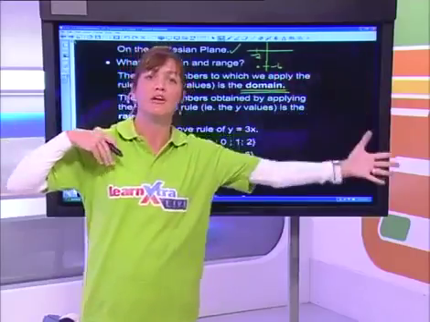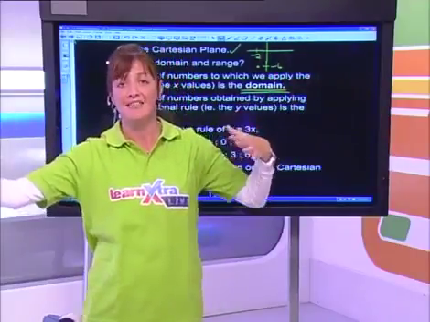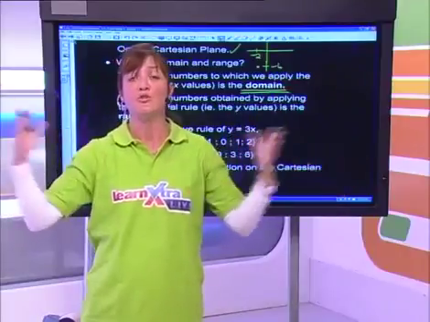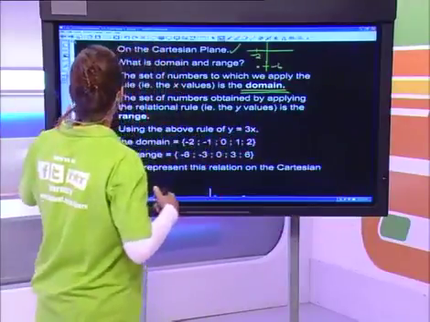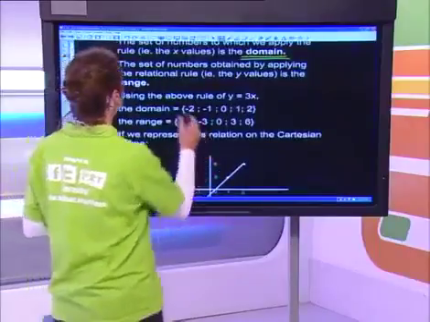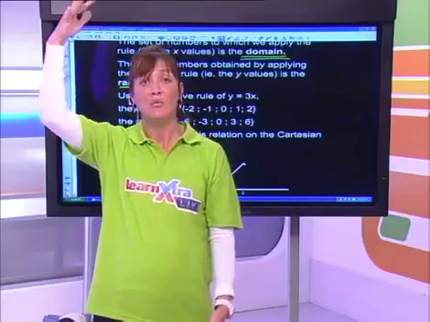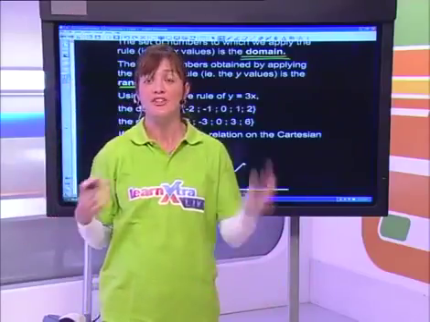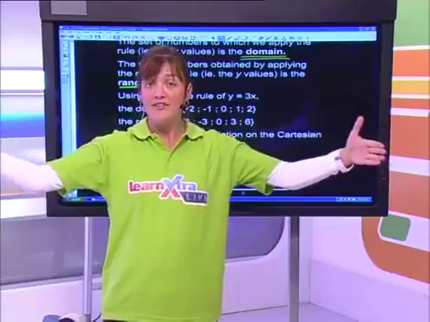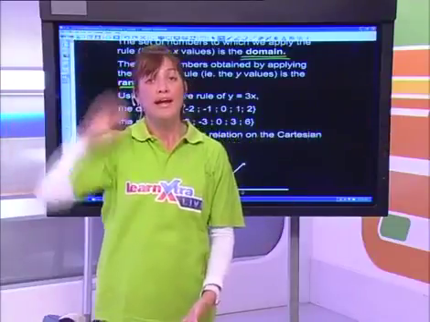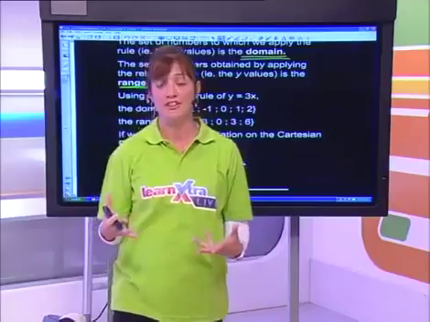So everything from the lowest x value up to the highest x value represents your domain. The range is everything on your y-axis, so your lowest y values up to your highest y values. So domain is the x values that your function is covering, and range is the y values that your function is covering.